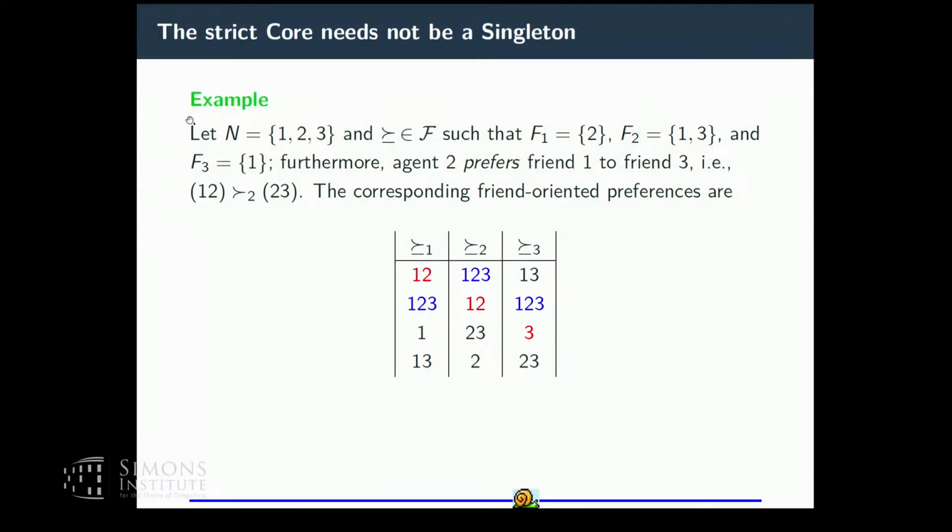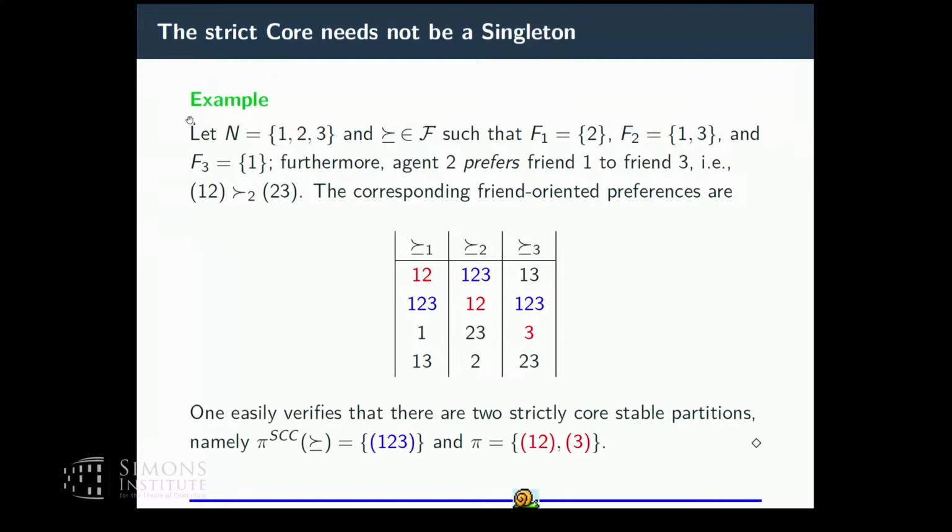Because again, here you don't have a weak blocking, because for agent 2 to get better off, he needs the grand coalition, and that's worse for agent 2. So now you can verify that there are two strict core allocations. It's not a unique concept.